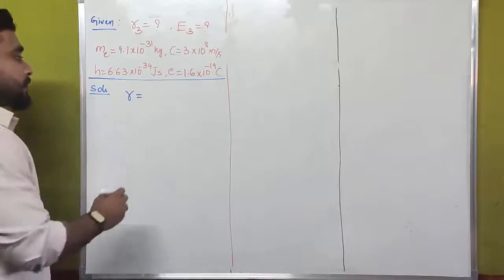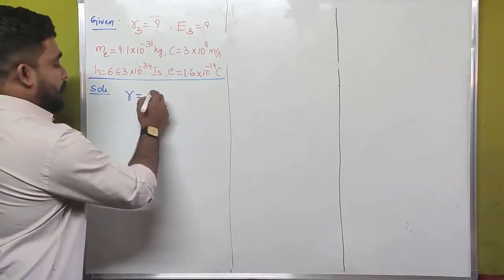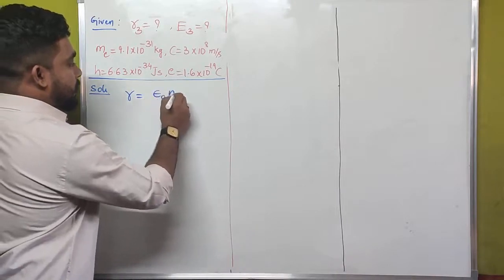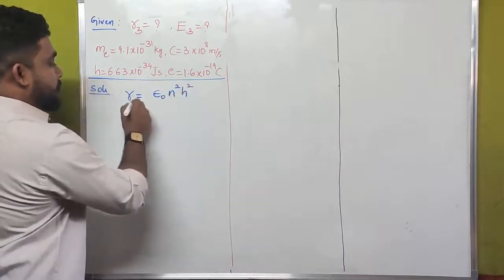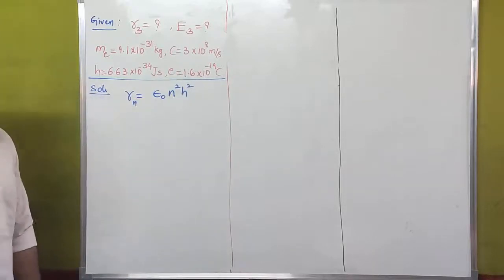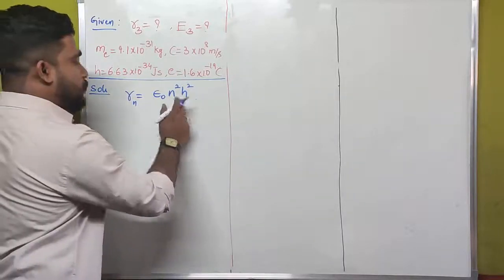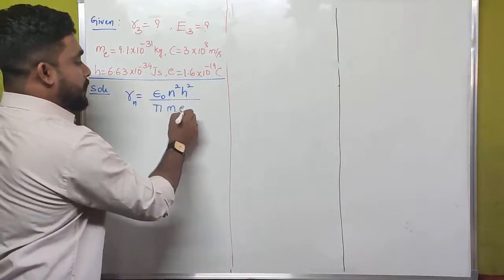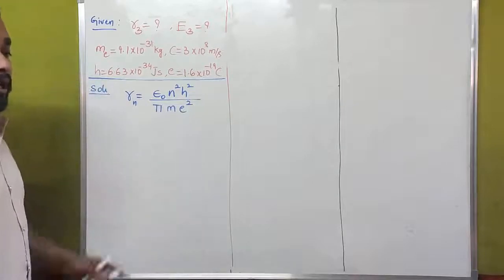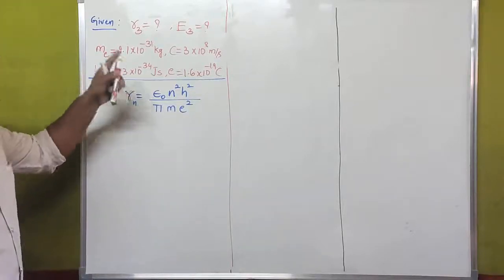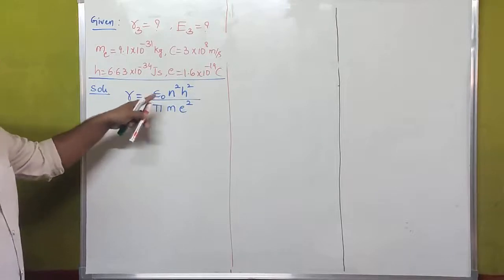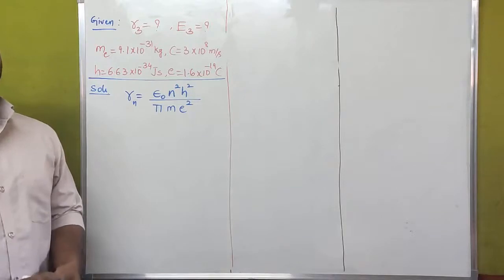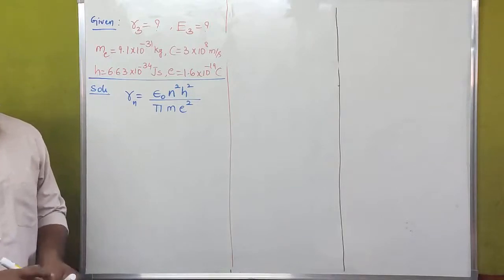That is, Rn is equal to epsilon naught n square h square divided by pi m e square. This is the formula for the nth radius of orbit of a Bohr's hydrogen atom.